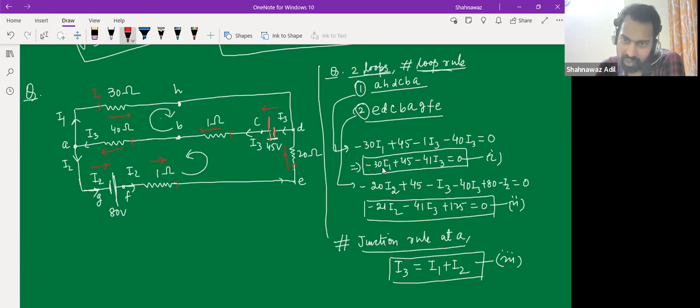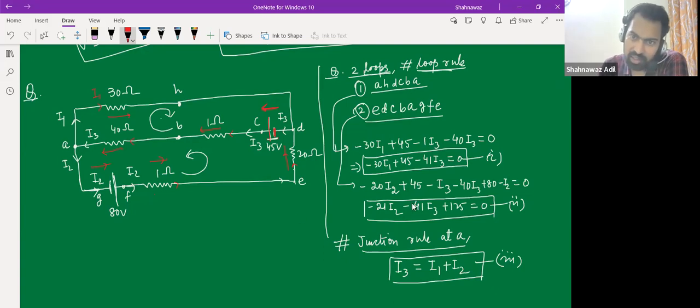So we have to write the voltage contributions, and all the voltage contributions would sum to 0. The loop is in this direction, and we are seeing the negative terminal or the lower potential, right? So that is where this 45 is coming from.